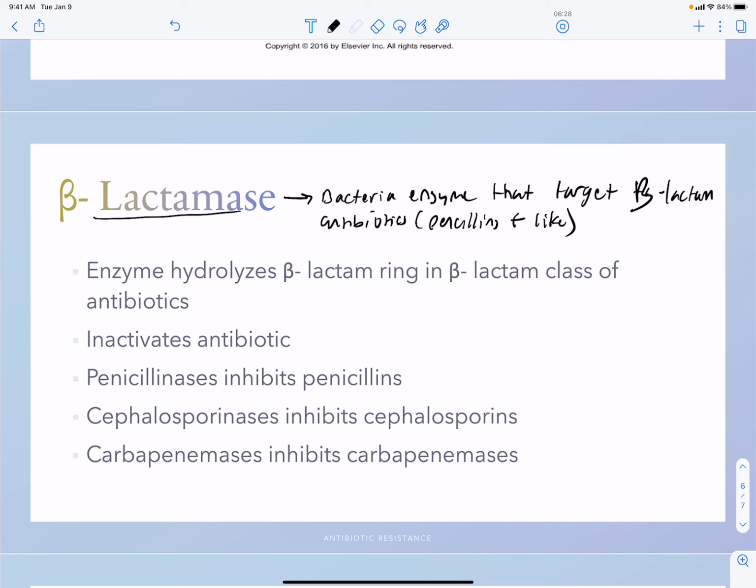There's going to be a penicillinase, that's a beta-lactamase that inhibits penicillins. There's going to be a cephalosporinase. There's going to be a carbapenemase. And these are all going to specifically target specific classes of antibiotics. They are generally referred to as beta-lactamase enzymes that are in the bacteria.